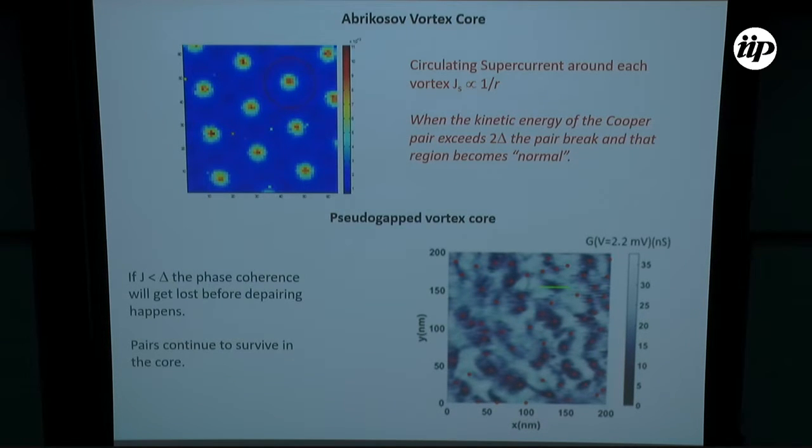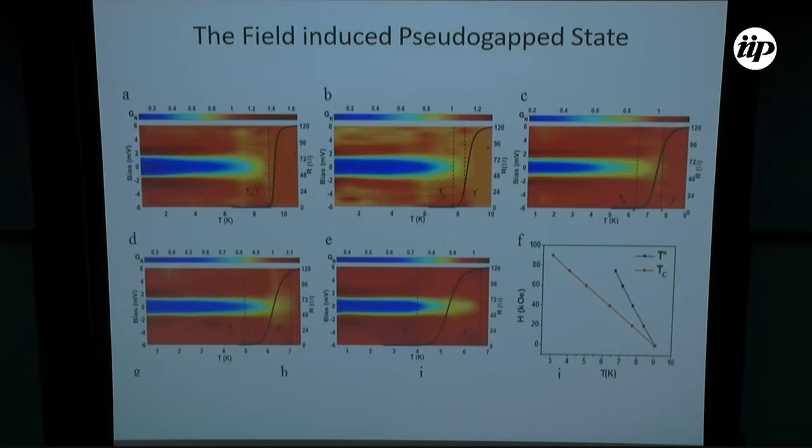Now, in this case, we know that if you have lower superfluid density at some points, then the relevant energy scale for destruction of superconductivity may not be delta, but J. So possibly what happens here is we increase the kinetic energy as 1 by r, and when it reaches J, then the phase coherence is lost. So you get a core region which is essentially pseudogap, which has paired objects but is incoherent.